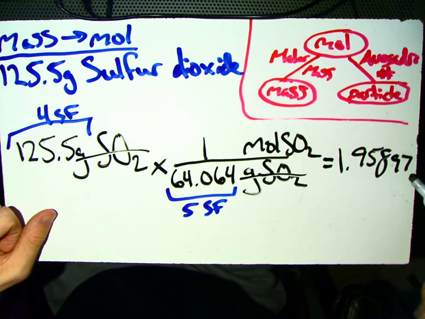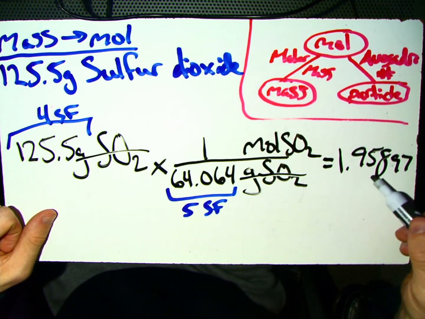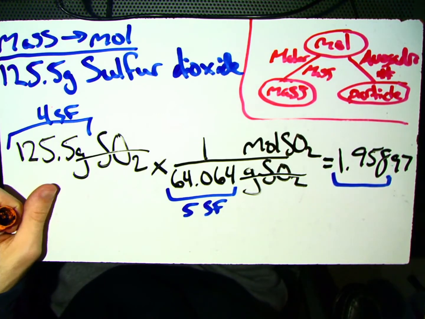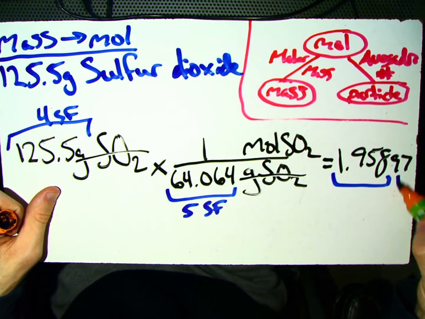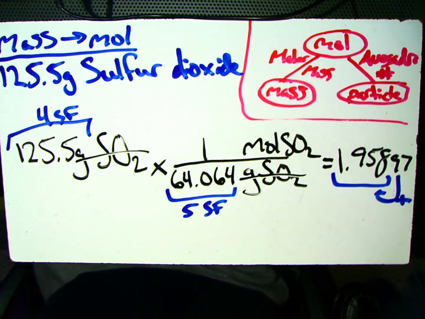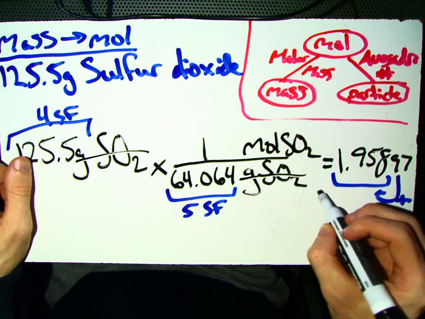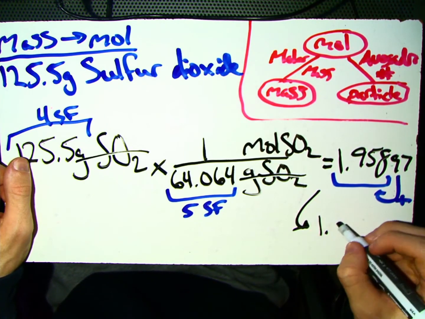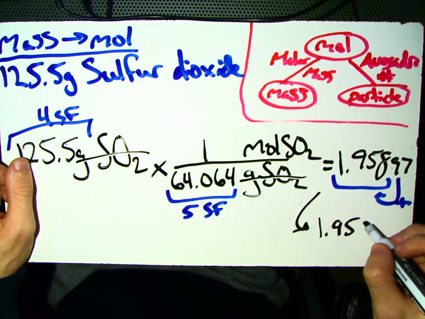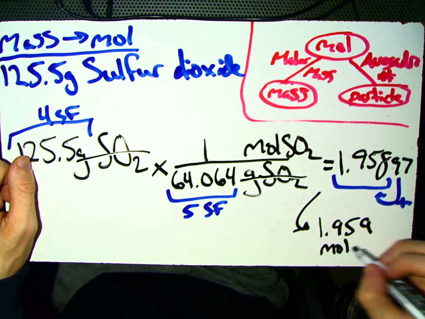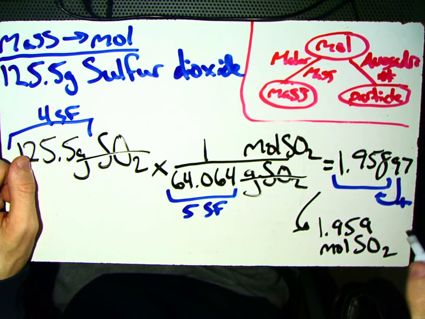So we want 4 sig figs in our answer. 9 is bigger than 5, so we know that we're going to round up. I'm going to write that little plus sign just to represent that we're rounding up. And the answer you should get is 1.959 moles of SO2.